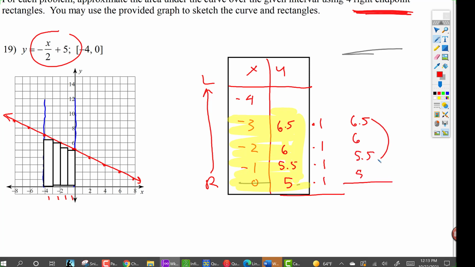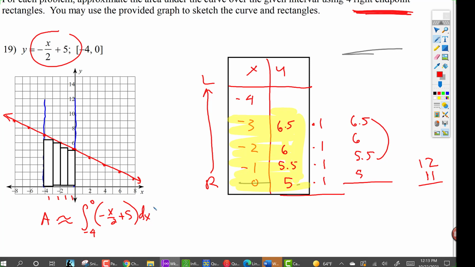And again, 5.5 plus 6.5 is 12. And 6 plus 5 is 11. So we have the area approximates as we go from -4 up to 0, negative x over 2 plus 5, tack on that dx.